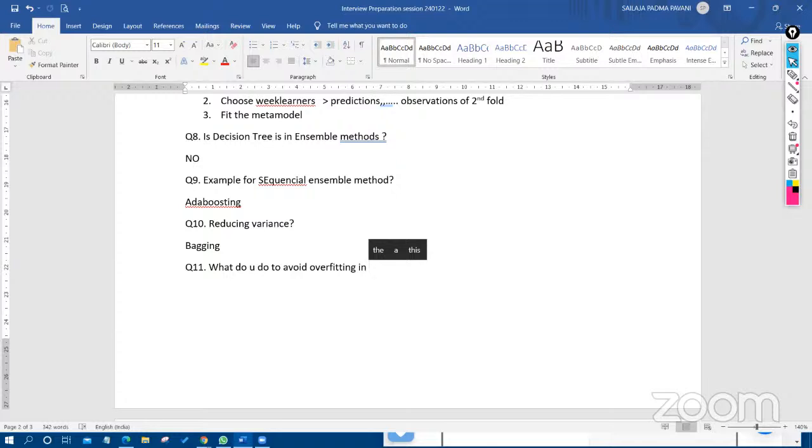Only Sai Prashant and Ashish Kumar, these two guys are giving answers. What about the remaining friends? What do you do to avoid overfitting in decision trees?